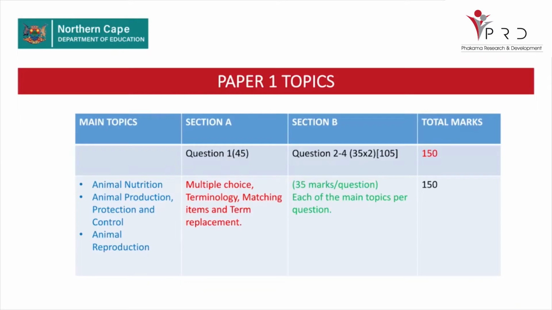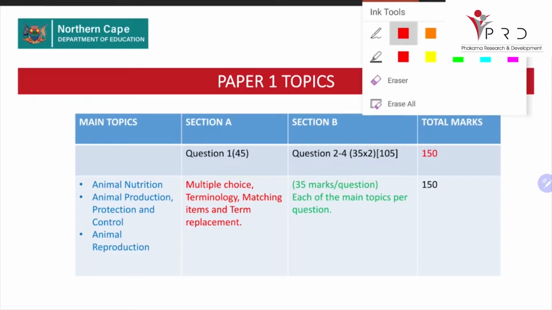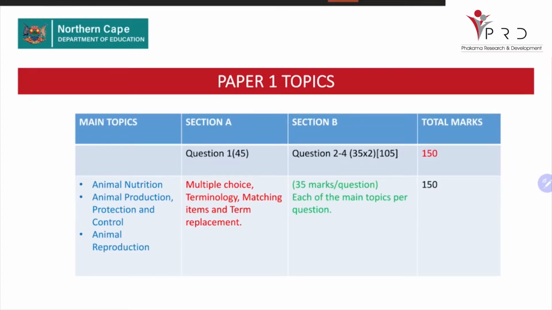If you can see on the slide, we have section A. As we know that our paper has 2 sections, on section A you are expected to answer question 1, which is out of 45 marks.